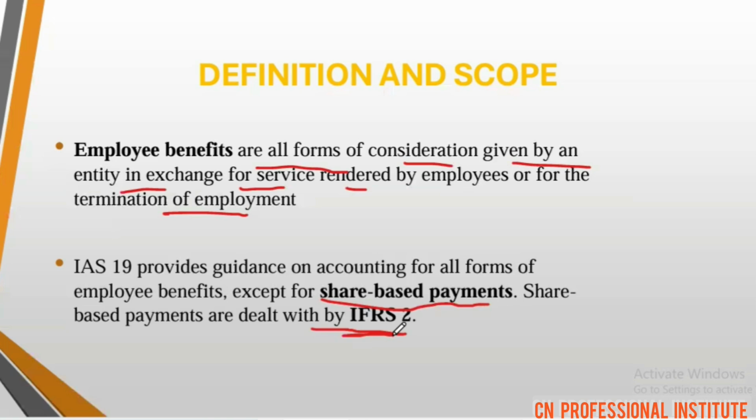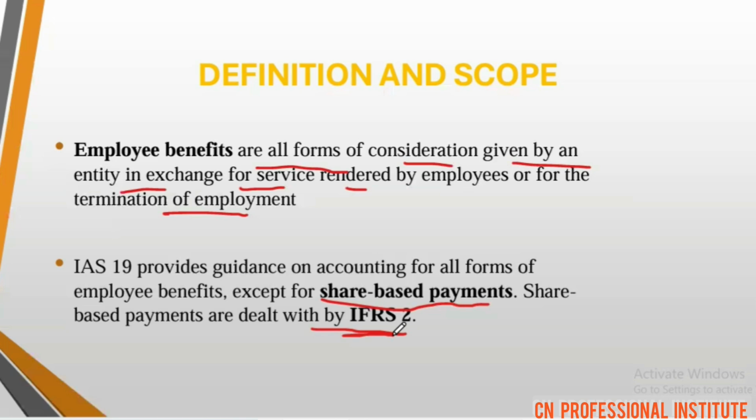Now, with the scope, under share-based payment, sometimes an employee can work or render service for a company. But instead of the company paying the person with money, the entity rather decides to give the person shares, or gives the person the option to purchase shares, or pays the person based on the fair value of their share price.